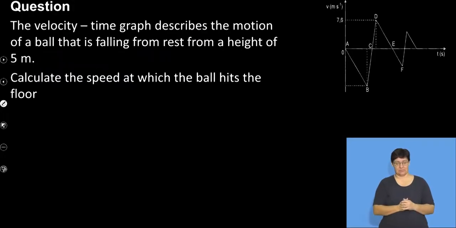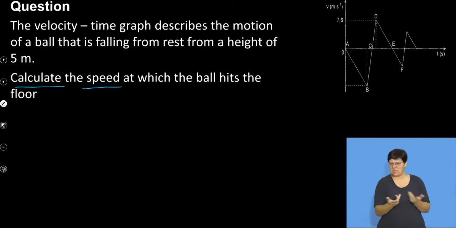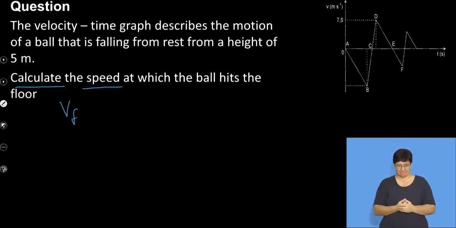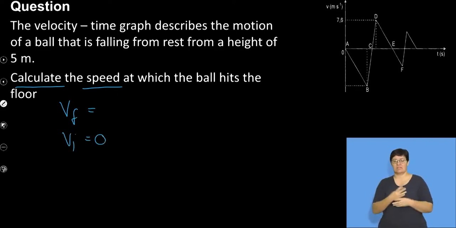So, we've got it. Calculate the speed, direction doesn't matter, that the ball hits the floor with. Okay, so calculate. I can't get it off the graph, actually. So we want final velocity. We know initial velocity is 0.